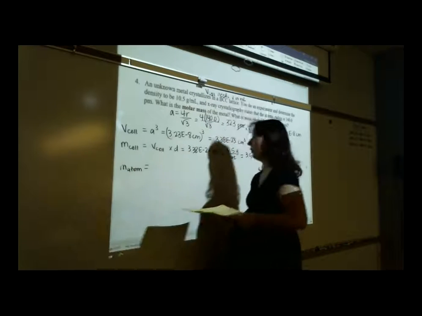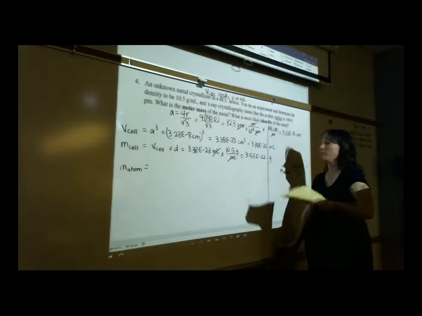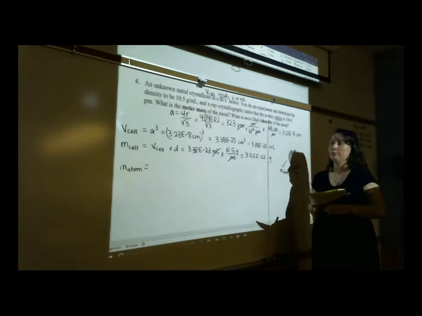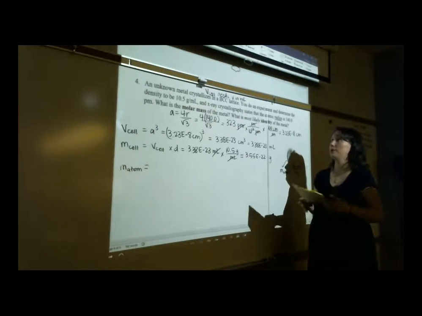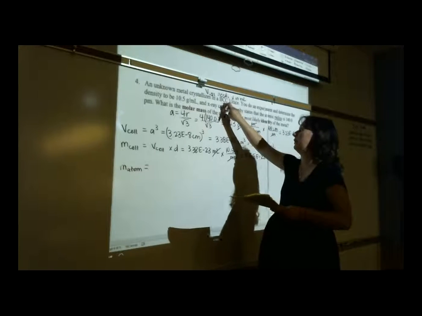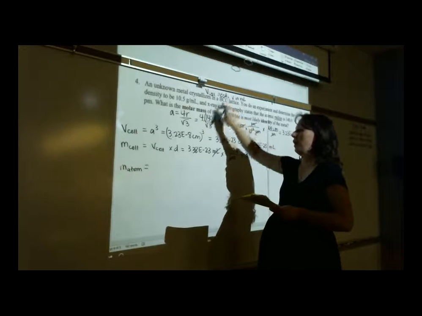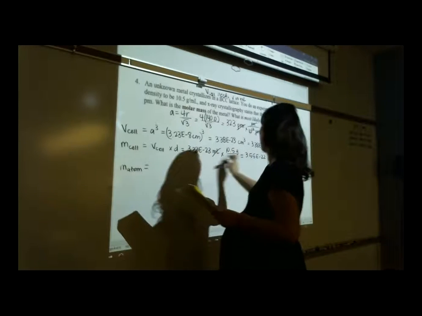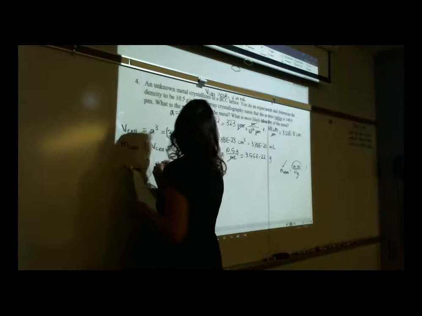And how do we convert mass of the cell into mass of an atom? It's body center cubic, right? So what does that mean? There are 2 atoms in that cell, right? So I need to take this number and do what to it?